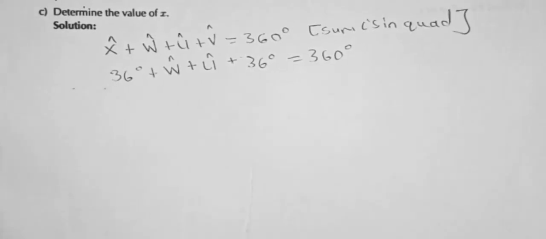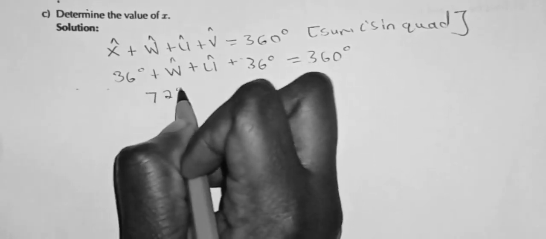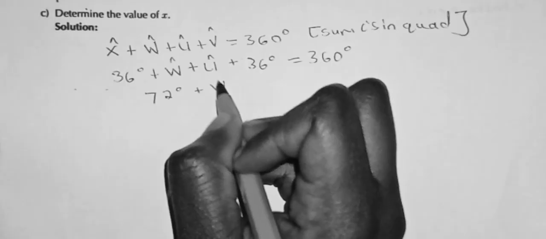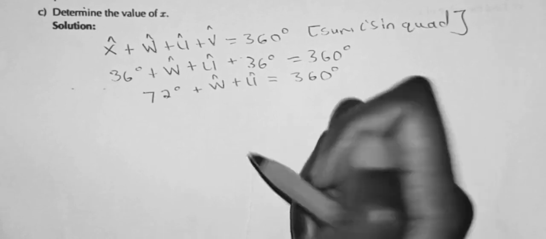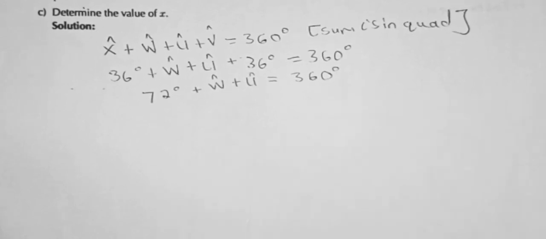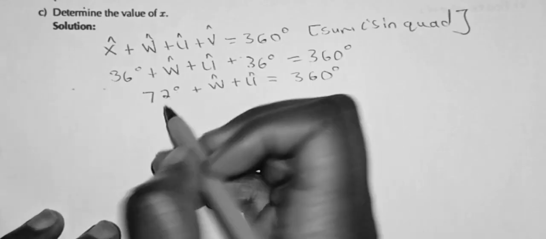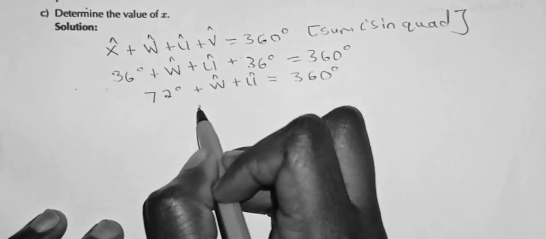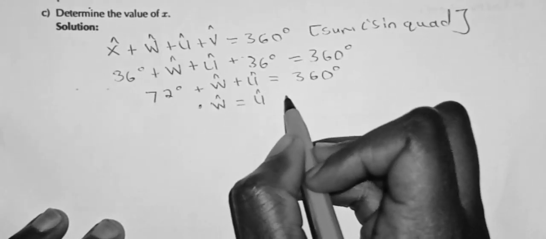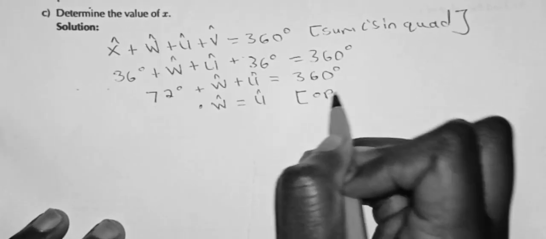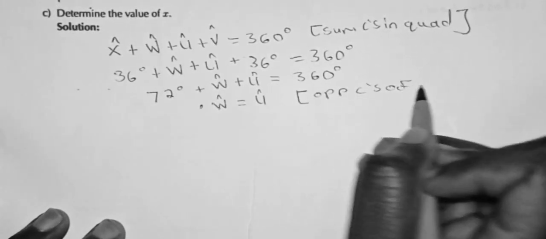So 36 plus 36 gives me 72 degrees, plus w plus angle u, which is equal to 360. So we know that angle w is equal to angle u. The reason will be opposite angles of a parallelogram.